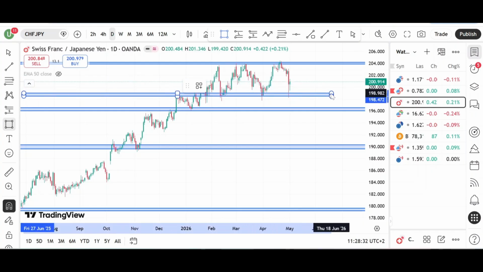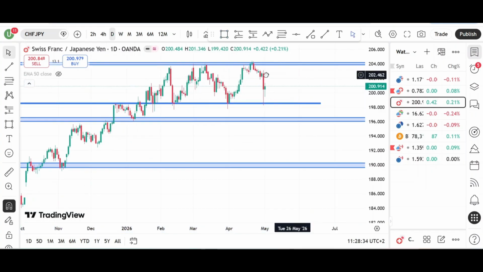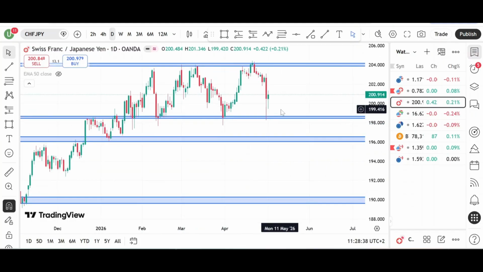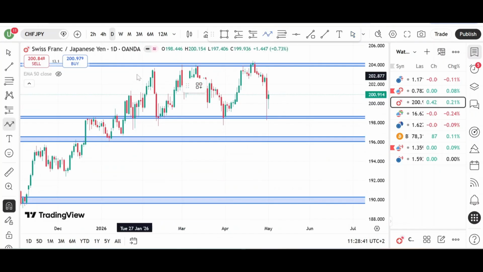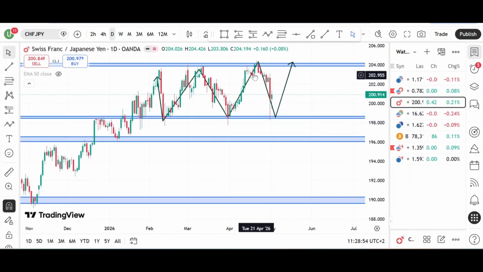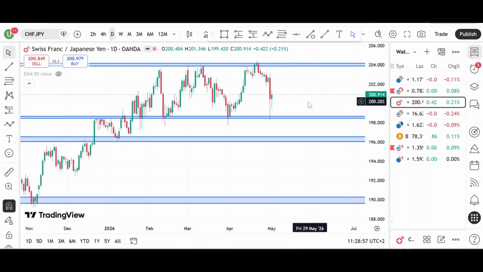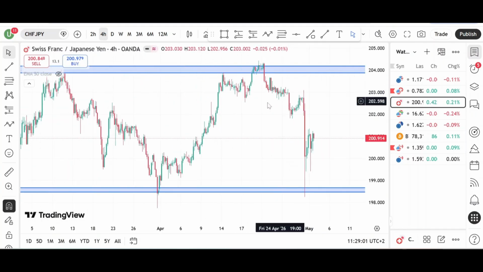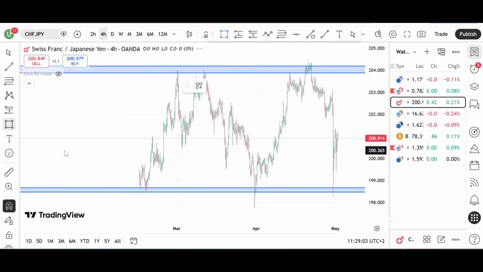This is another zone here. Currently, we are in a range of consolidation where we are seeing equal highs and equal lows. Here, once the price has finished completing here, you can expect the price to return back here to this level. So let's go ahead to see how we can capitalize on this kind of move.